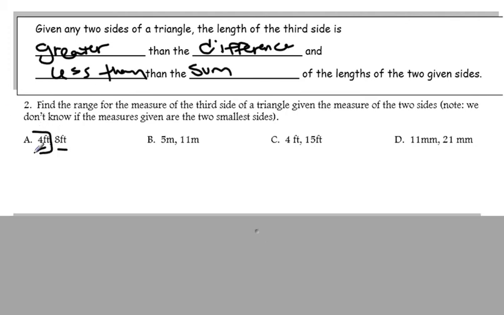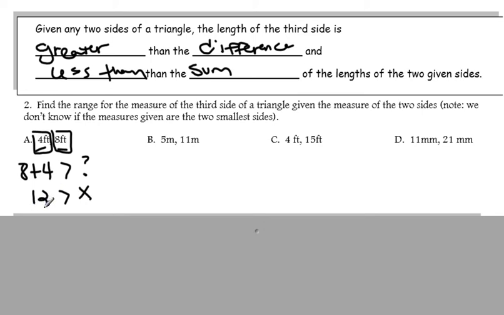So if these are the two smallest numbers, 8 and 4, then their sum has to be greater than the third side. So 8 and 4 is 12. That means the third side, I'll call it x, has to be less than 12 in order for this to be a triangle. x has to be less than 12.